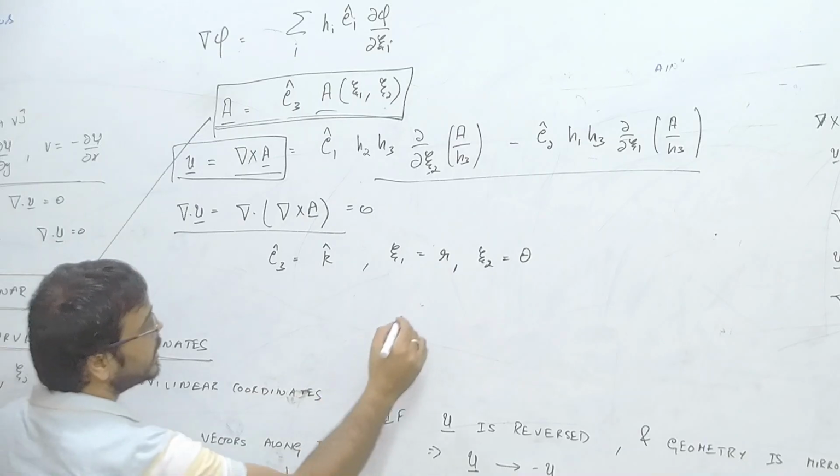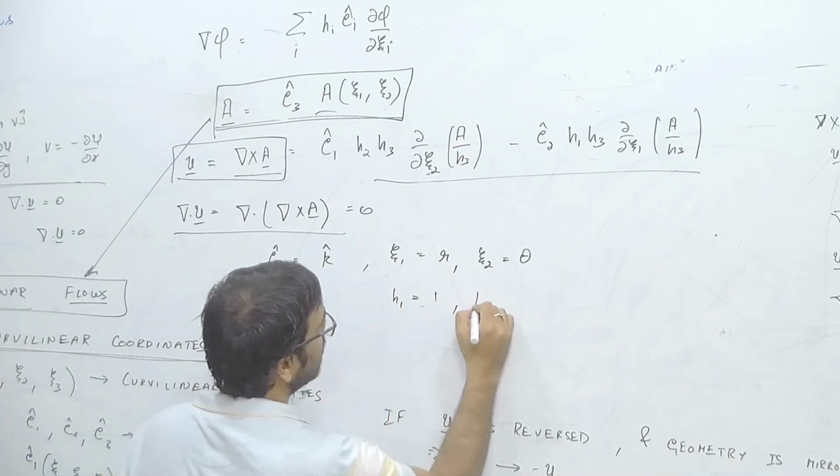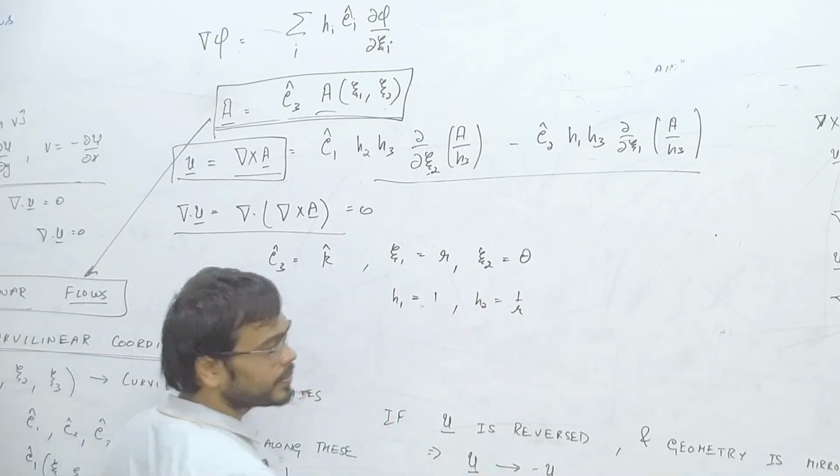We just saw that H1 is 1 and H2 is 1 by r.